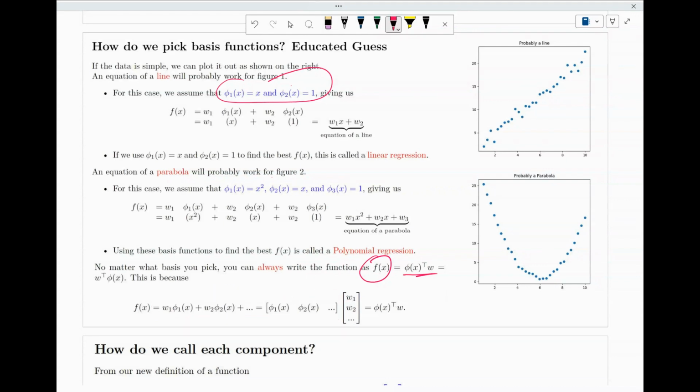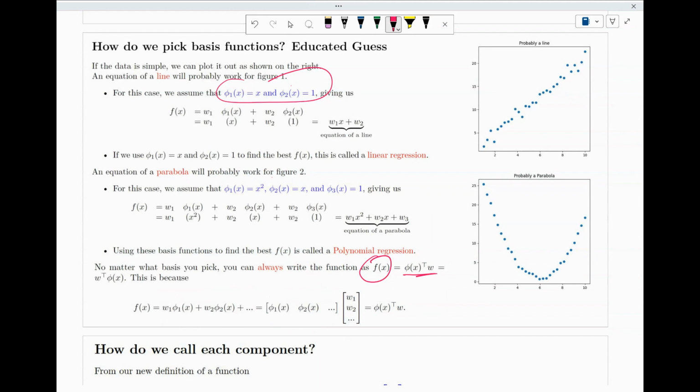Take a second, make sure you see this. It doesn't matter how big this is. It could be 2, 3, 4, 10. We can always represent this vector as phi of x.